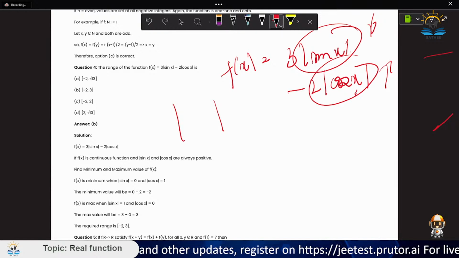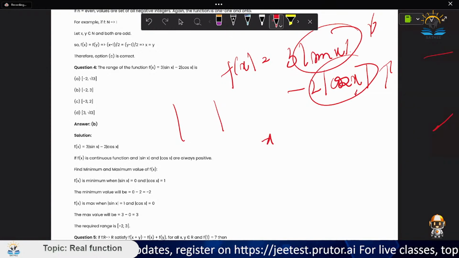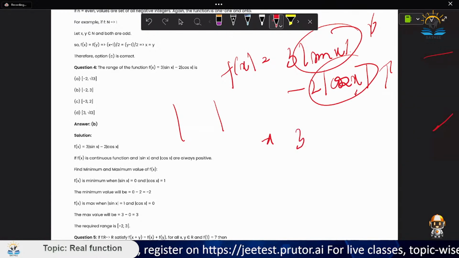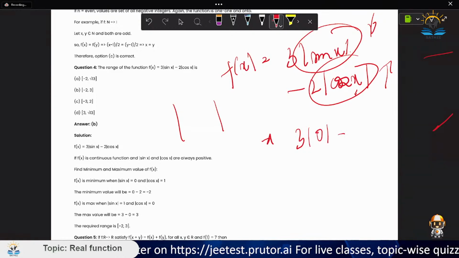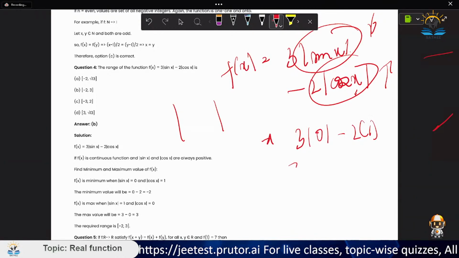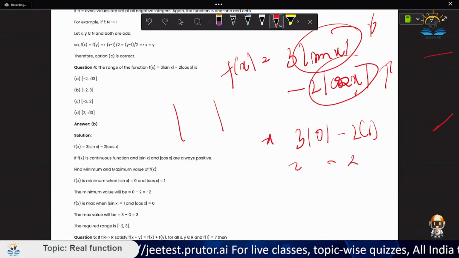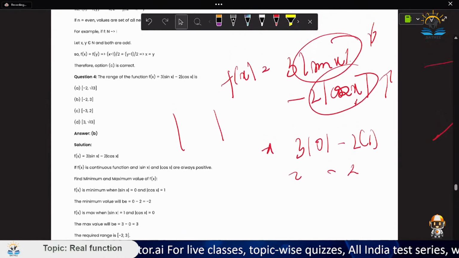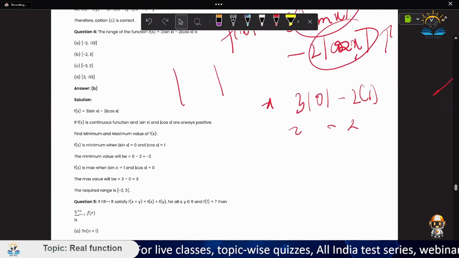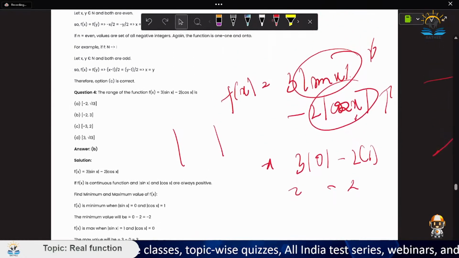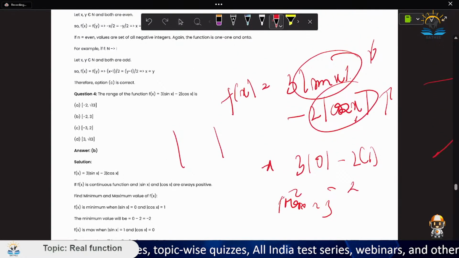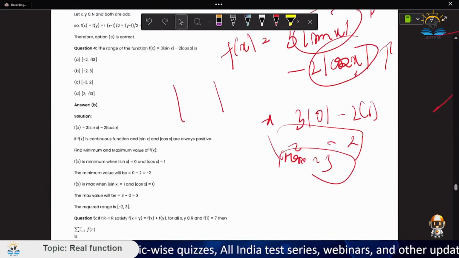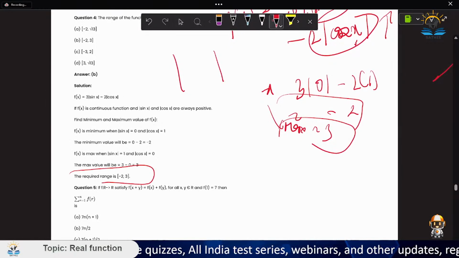What we get is 3 of 0 minus 2 of 1. So this would give me -2. This is the minimum of the function. Now finding the max would be maximizing the sin x and minimizing the cos x. That can be easily done. And the max we get is 3. So the range becomes this.